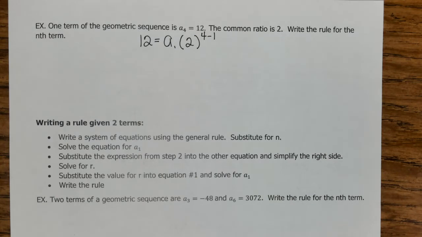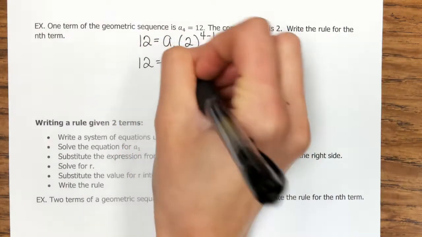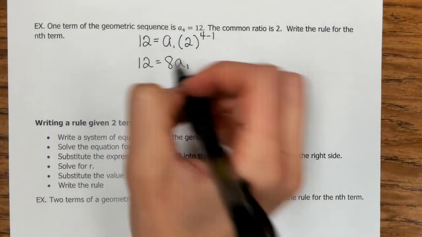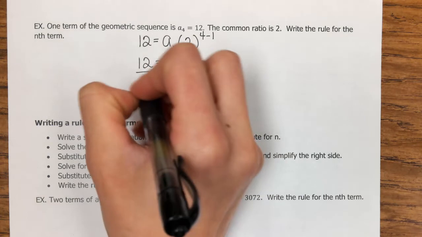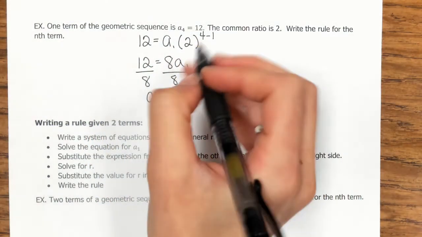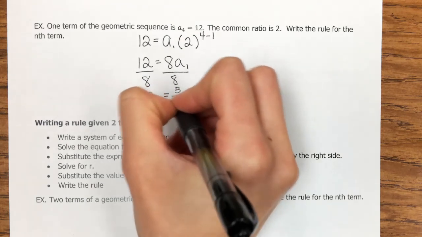Okay, well, 2 raised to the 4 minus 1 is just 2 to the third. What's 2 to the third? 8. So 8A1. Alright, I want to solve for A1, so I'm going to divide by 8. A1 is equal to what? Give me one. 3 halves.